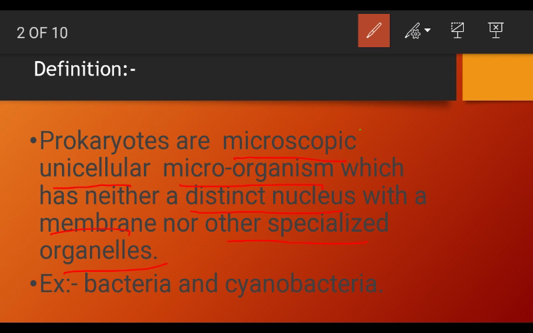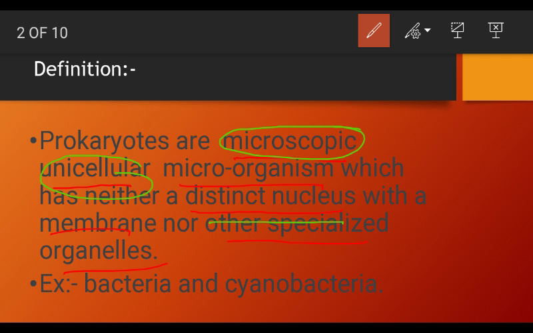So prokaryotes are microscopic, that is, they can't be viewed without a microscope. They are unicellular, that is, they are made up of one cell only, never multicellular. They do not have a properly developed nucleus, because they have a nucleoid instead of a nucleus, and that nucleoid is simply the compact genome of the bacterial cell.